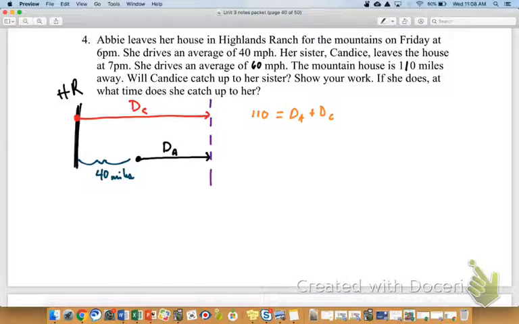Do we know that they even get to the mountain house before the catch happens? No. I mean, the mountain house could be in a number of places, right? Couldn't the mountain house be out here somewhere? Couldn't she catch her before they got to the mountain house? Or could it be that the mountain house is actually here and Abby just beats Candace to the mountain house? That's possible as well.